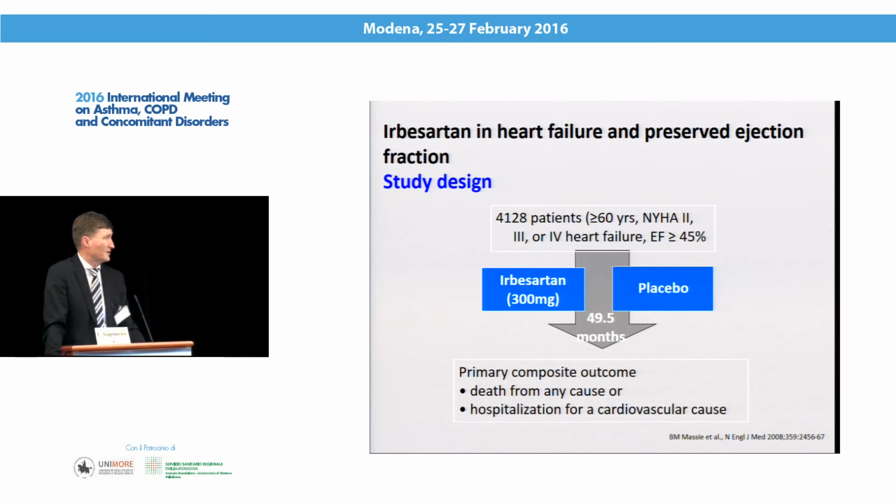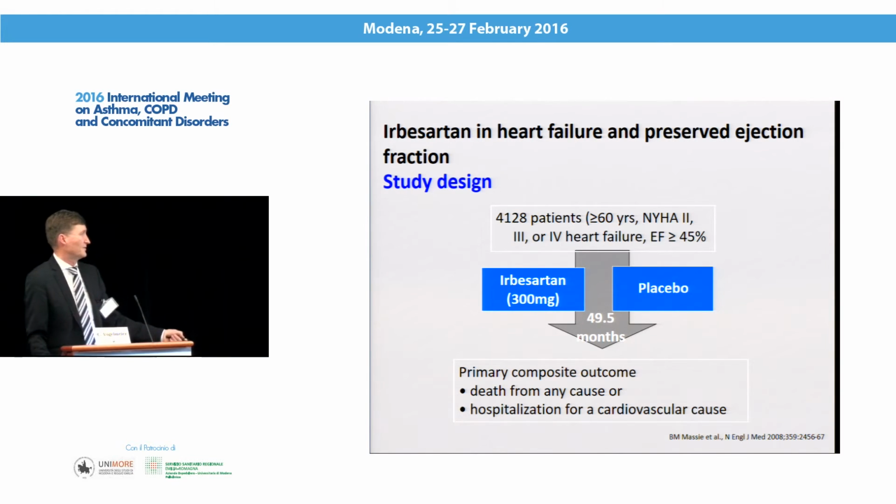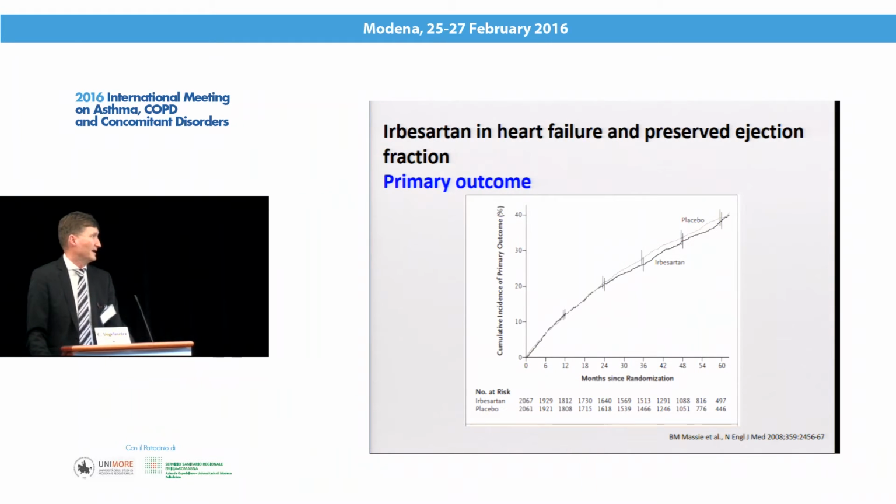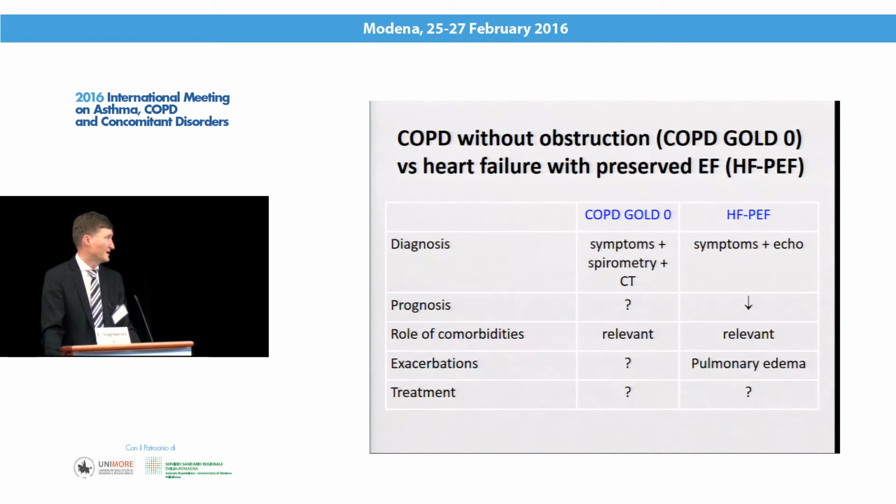They got the typical dose, were followed for a long time, and there was a primary composite outcome of death from any cause or hospitalization for a cardiovascular cause. And this is the curve or the graph for the primary endpoint. It doesn't matter what the lines represent, there's no difference. So it doesn't make any difference what you do. These treatments all don't work.